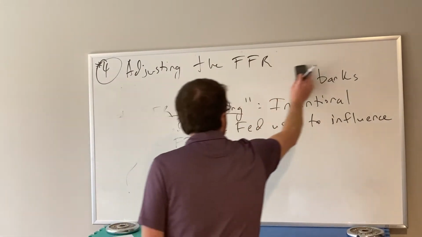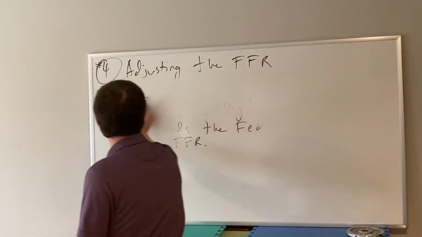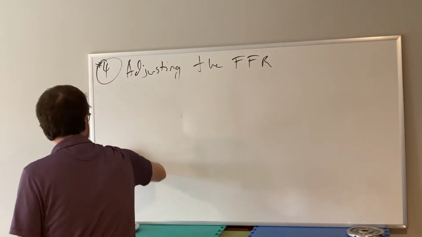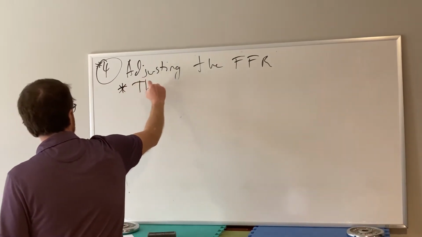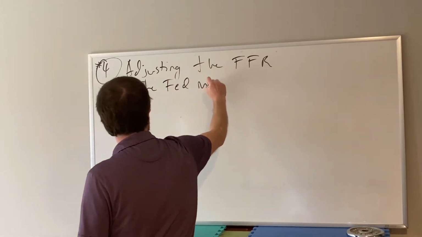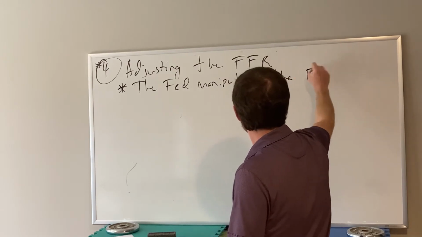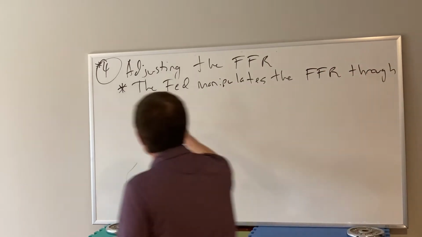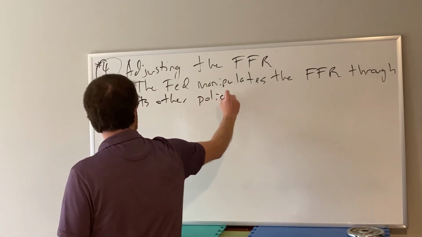Well, it turns out that we already have the tools to think about how the federal funds rate is determined. The Fed manipulates the federal funds rate through its other policy tools.